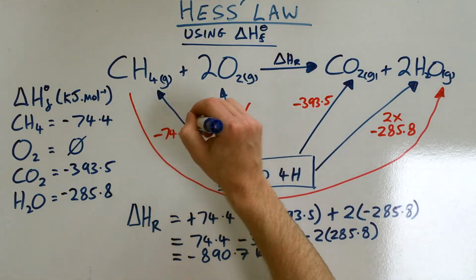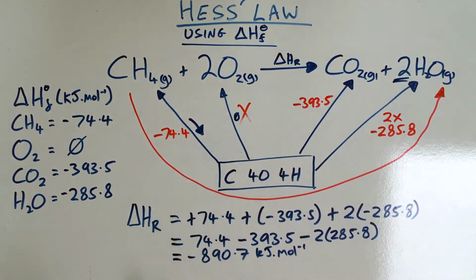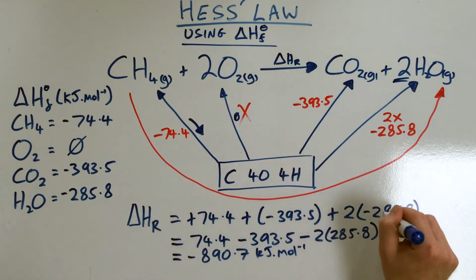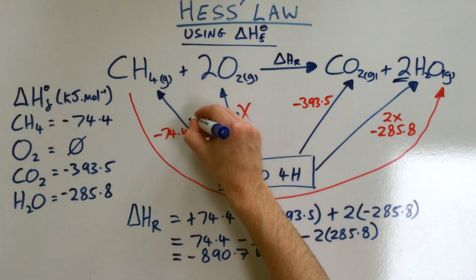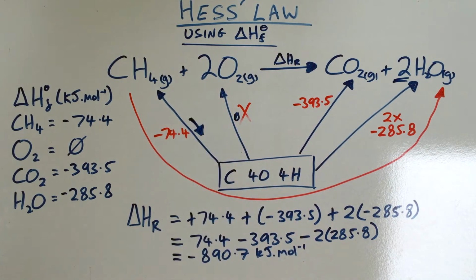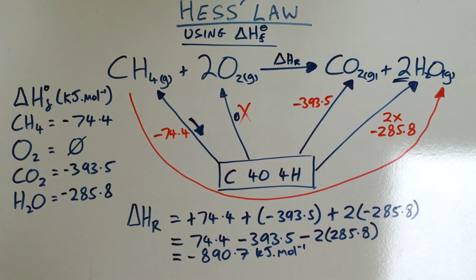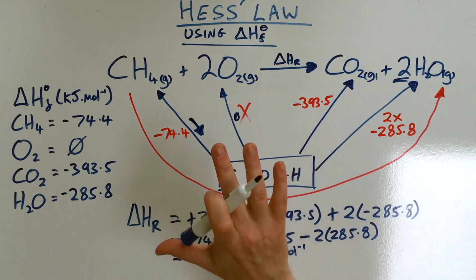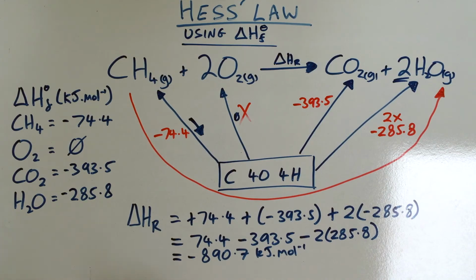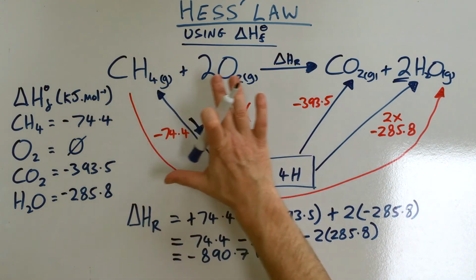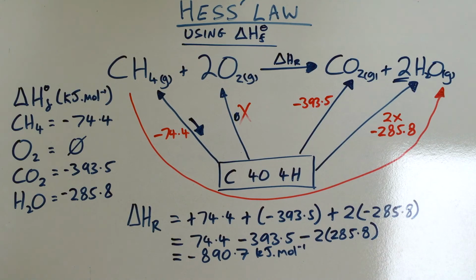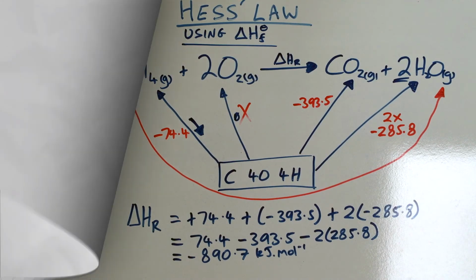Put your numbers in, taking into account the number of balanced moles in your equation, and then put them into here, taking into account finally the direction of your arrows. So that's how to calculate delta HR using delta HF values. The next video, I'm going to go through an example of how to use enthalpy of combustion to actually find the delta HR for a reaction.